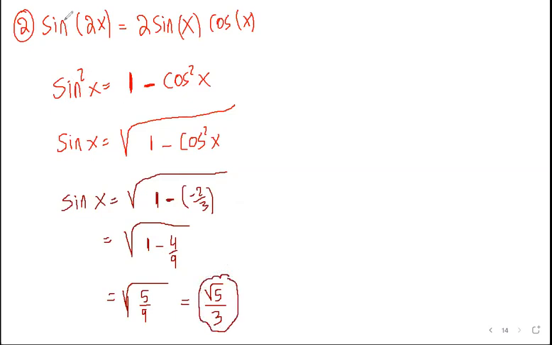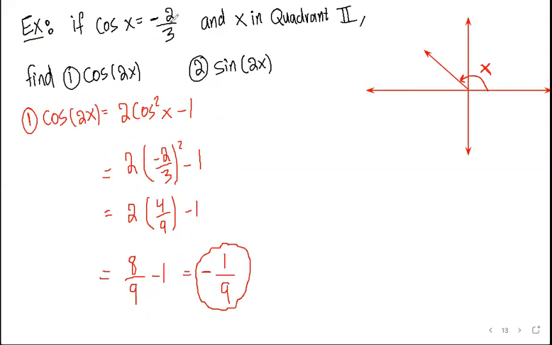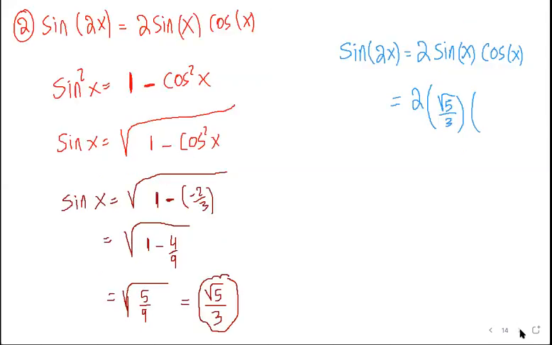Now, for the sine of 2x, sine of 2x equals 2 sine of x times cosine of x. The sine of x is this, and the cosine of x is given, minus 2 over 3.